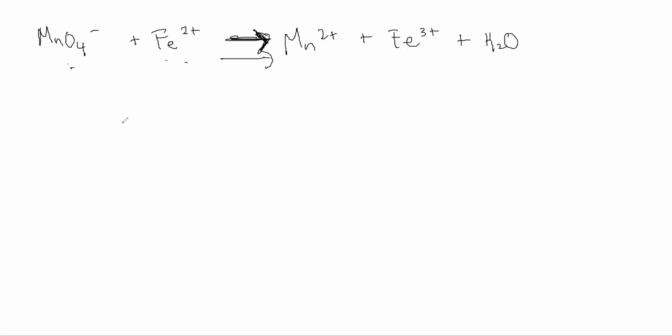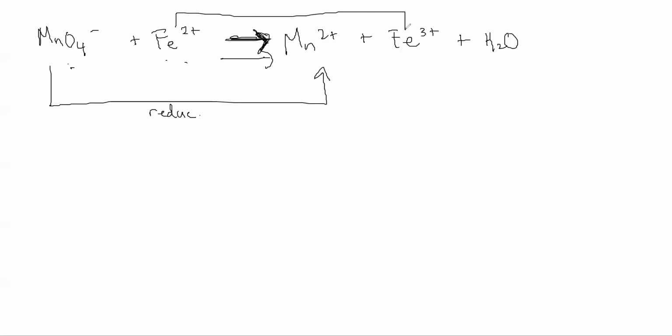So again, going back to chapter 9.3, manganese, if I remember from the previous reaction, was going to be a reduction. Right? And iron was oxidized.